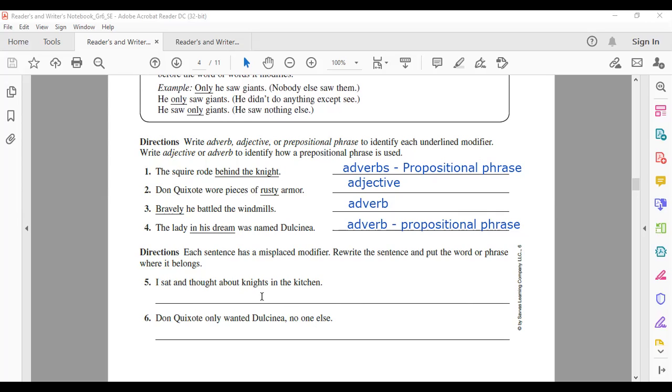Are the nights in the kitchen? No. So how would I do it? I can say I sat in the kitchen and thought about nights. Excellent job.